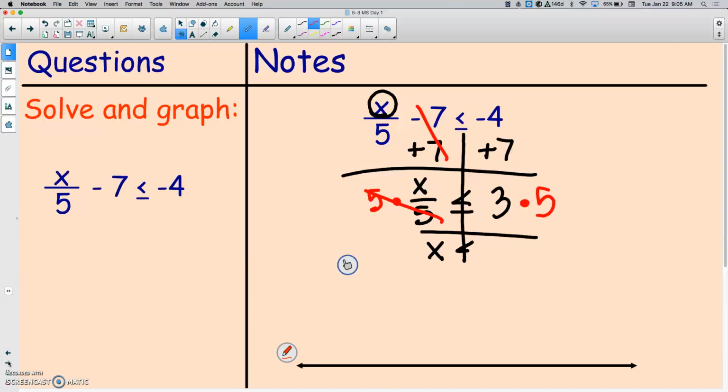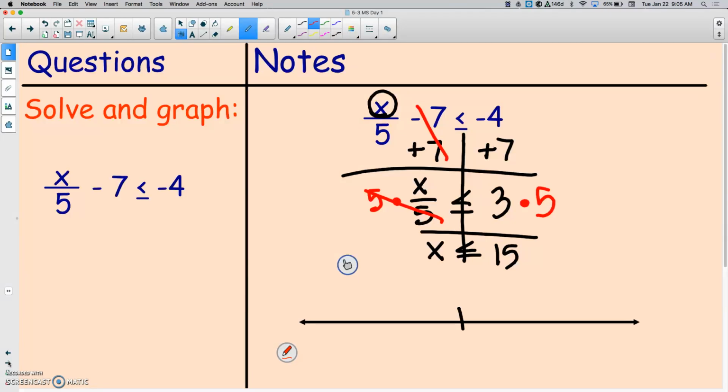So x is less than or equal to 15. Less than or equal to is a closed circle, and it goes to the left. To the left of 15 would be 14 and 13.